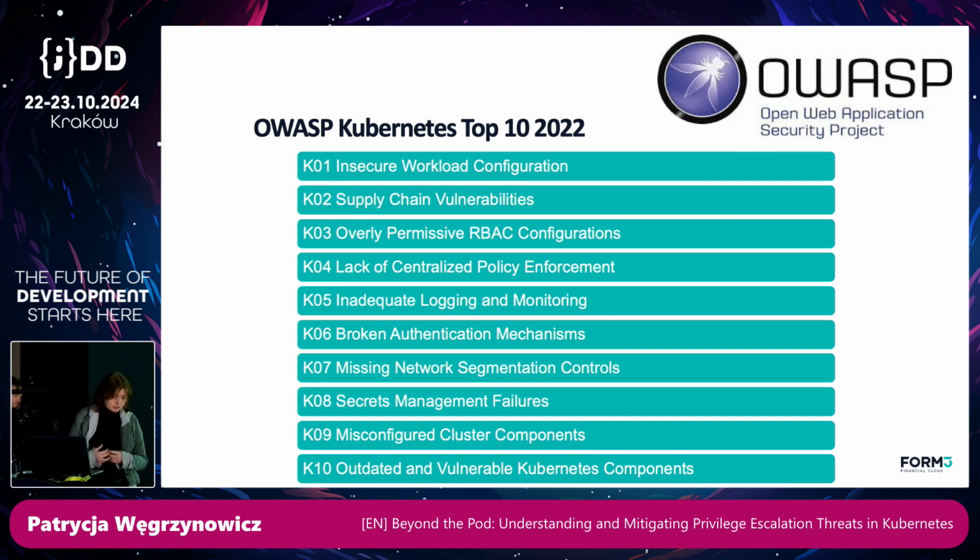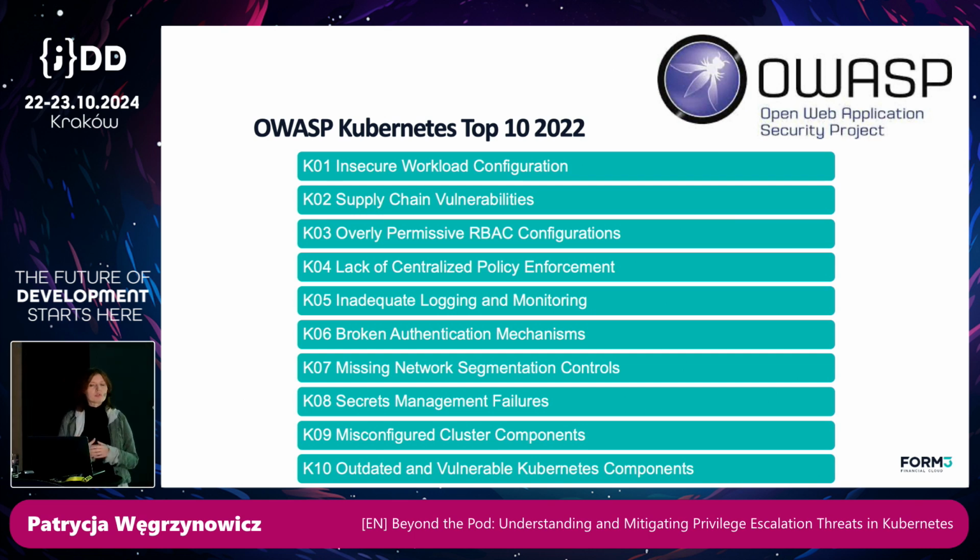K03 seems super important because it talks about overly permissive RBAC configurations. And when it comes to any privilege escalation, incorrect or missing permission configuration is the first source of any problems. But it's not all of it.